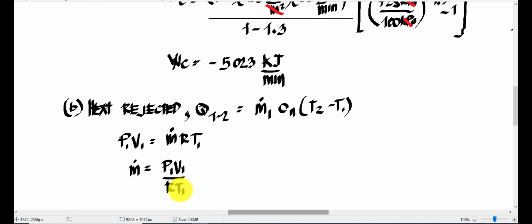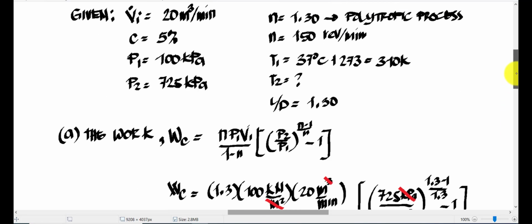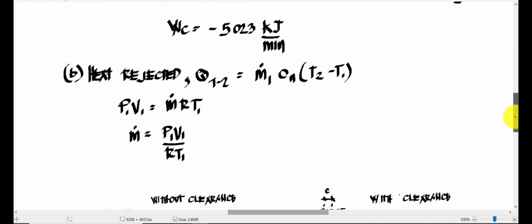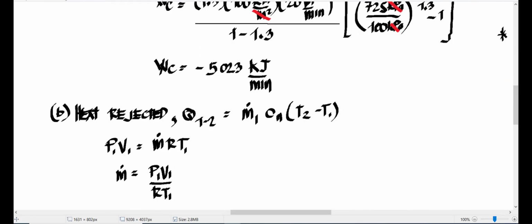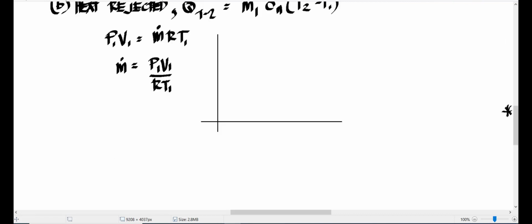Now for V1, let's plot this on a PV diagram first so that we can understand. Usually we have the value for P1 and T1 to get our mass flow rate. If we plot it on the PV diagram, at point 1 we have your point 1 here, then we polytropically compress your air or nitrogen to point 2, going there. Then we shall have a discharge here going to point 3.